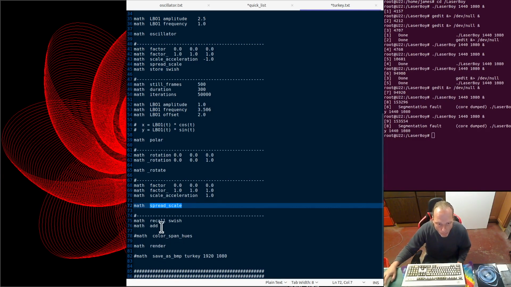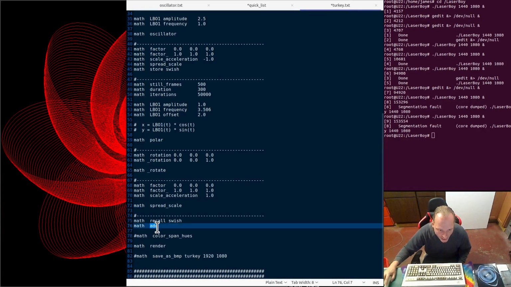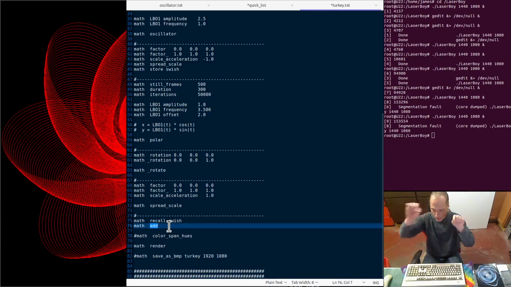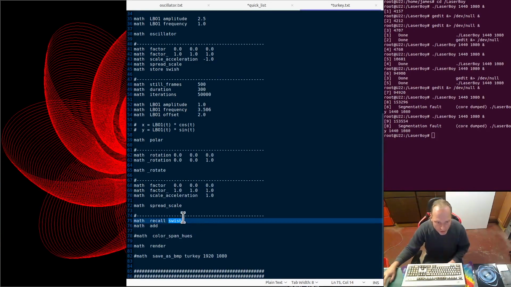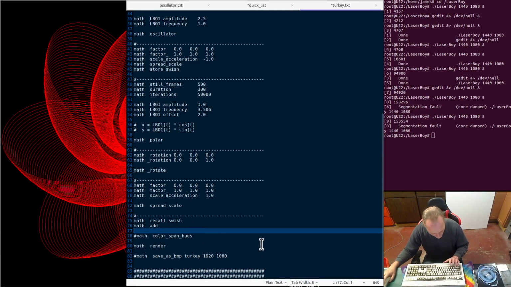So now we're recalling swish, and we're adding them together point to point along each one. This frame to that frame, since swish is only one frame. So we're adding this frame to all of the frames from this thing.